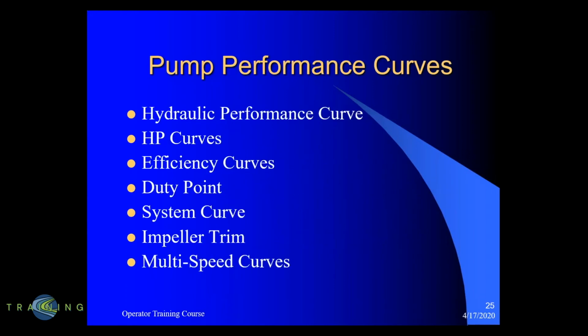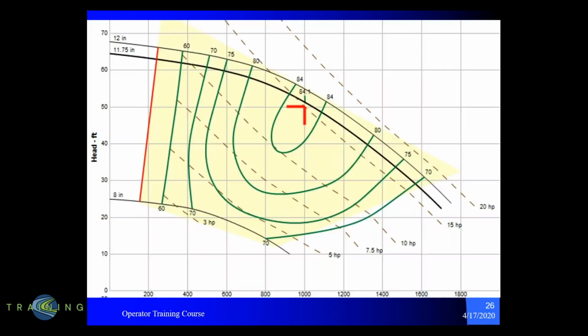What I want to do next is get into the pump performance curve, which some of you have seen, but there's all kinds of information that we can understand from these curves. This is a very simple, very normal curve that we see in a book or in a selection process from many of the pump manufacturers. I've actually got this pump out of a Deming pump book, one of the old books that I still go back to. I want to talk about the different components so that we understand how it works.